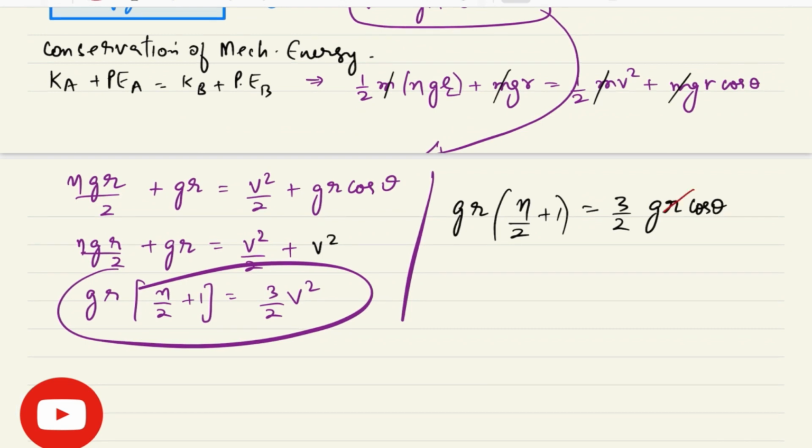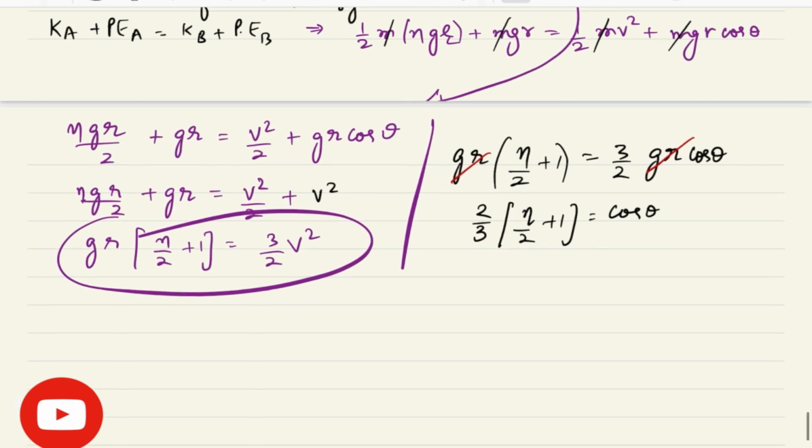The g R terms cancel each other, and then we have 2 by 3 times eta by 2 plus 1 equals cos theta. So this is what we get in terms of eta.